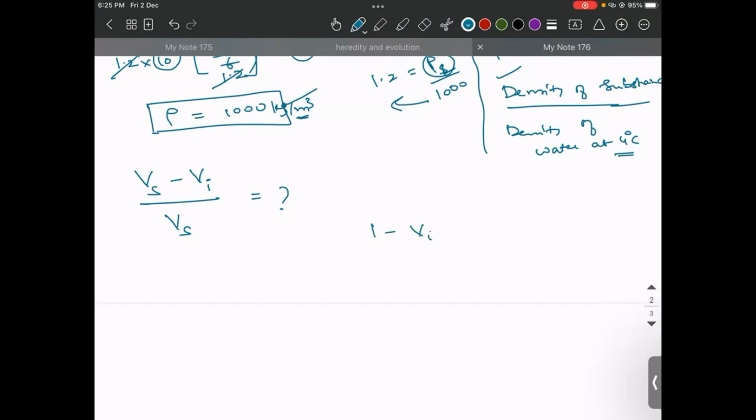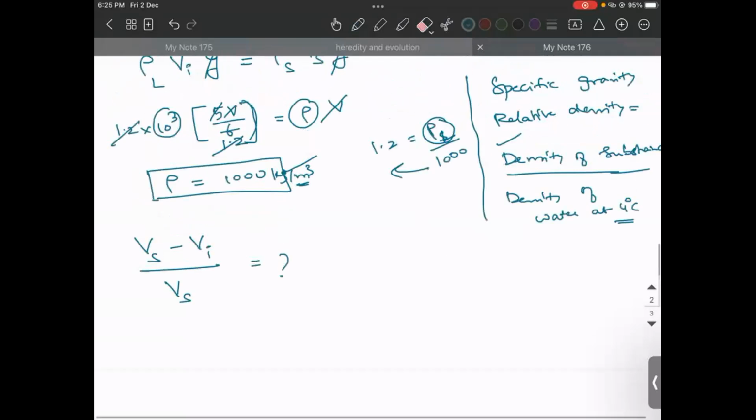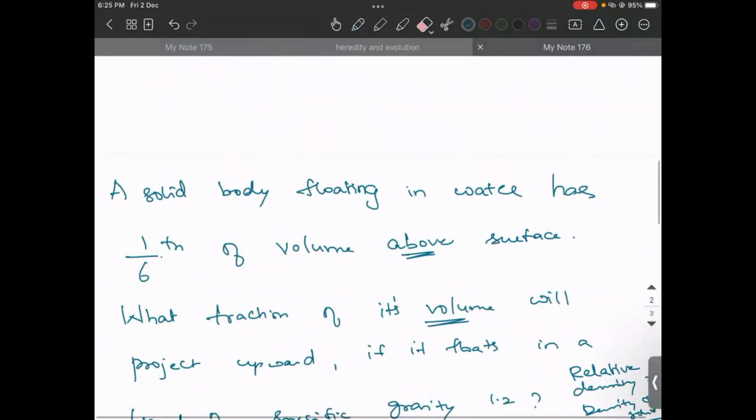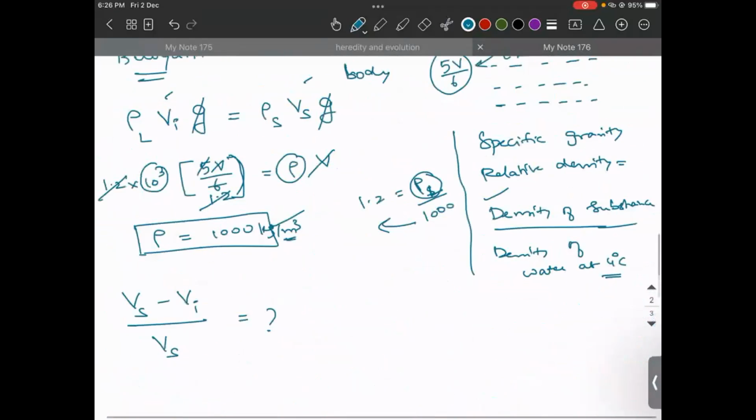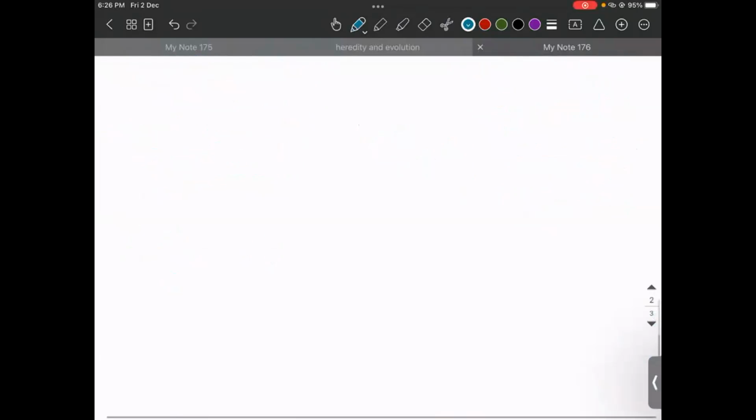So it will be 1 minus Vi divided by Vs. It will be 1 minus... wait. Okay. See, I'll do it in 2 steps.